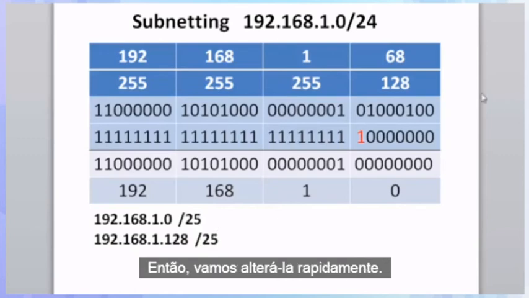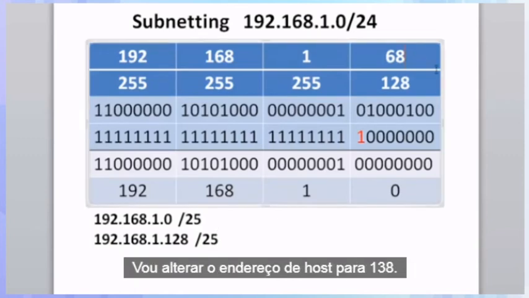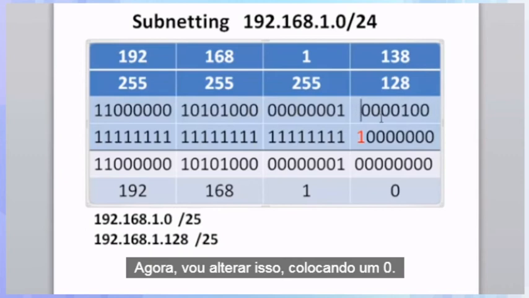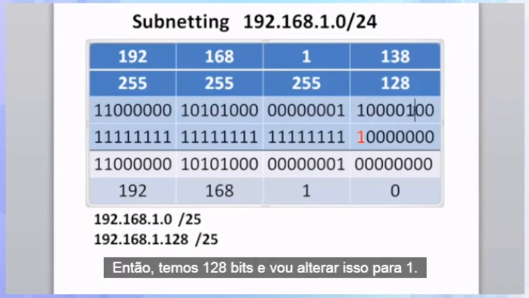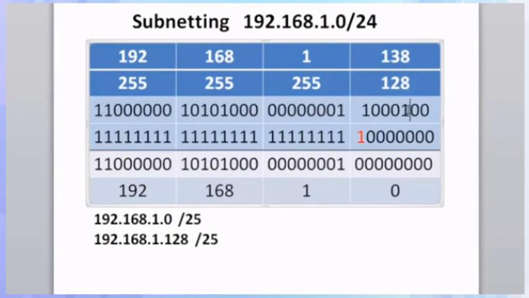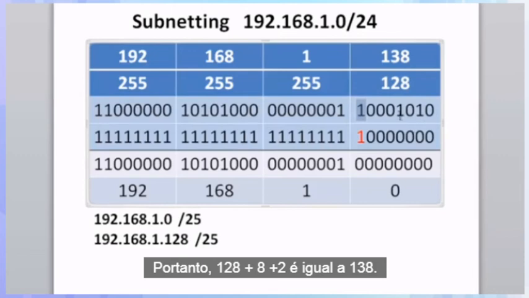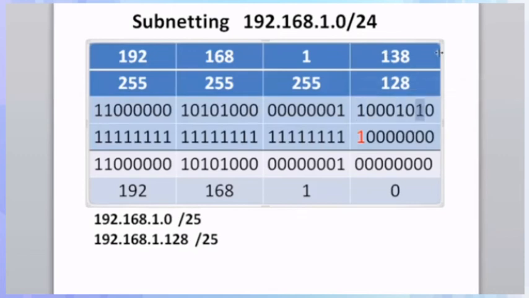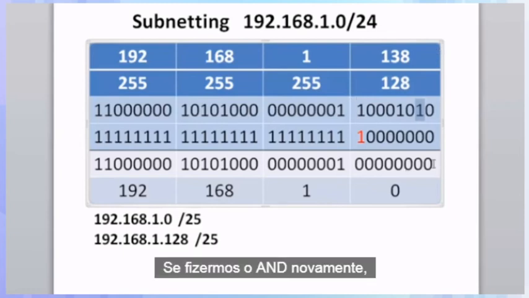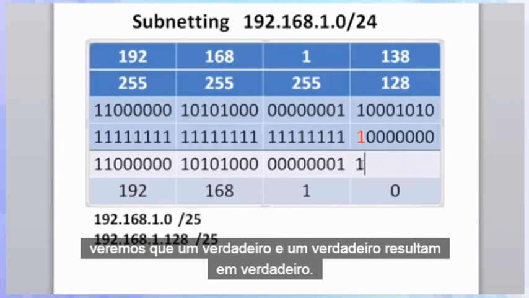So let's change it slightly. I'll change the host address to 138. So now I'll change this, put that as 0. So there's a 128-bit. I'll make this a 1. And I'll put a 1 here. So 128 plus 8 plus 2 is 138. If we do the ANDing again, we see that a true and a true makes a true.